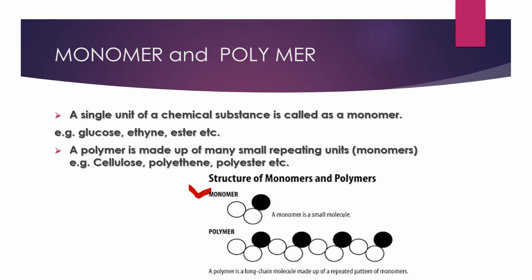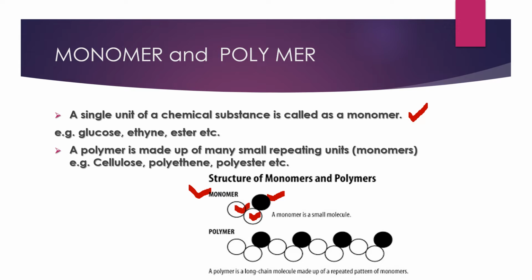You can see this particular monomer is made up of one unit black and two units of white. This is a monomer, a small molecule made with three subunits of a particular substance. A single unit of a chemical substance is called a monomer.